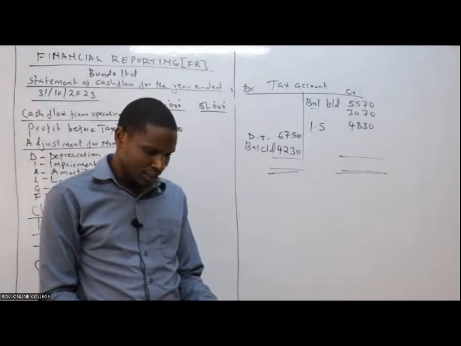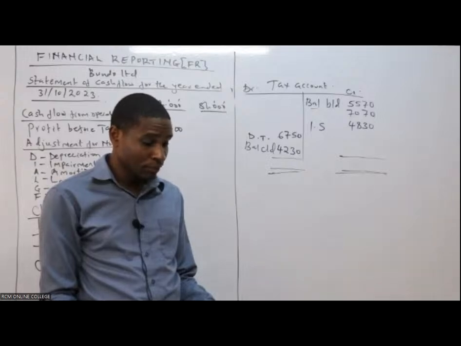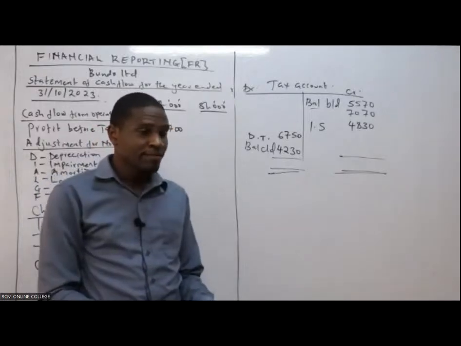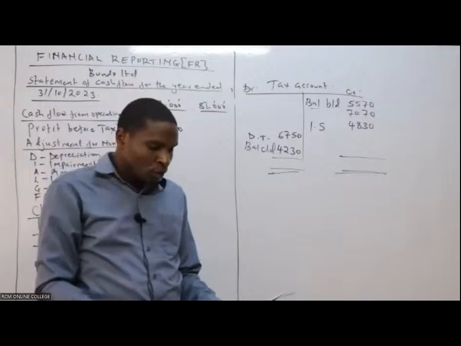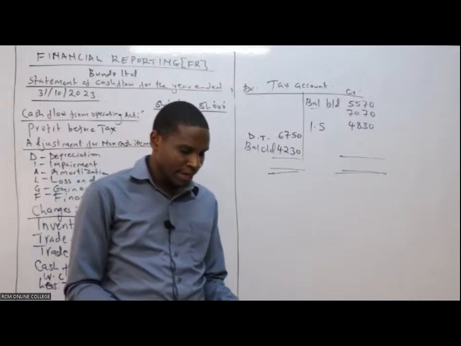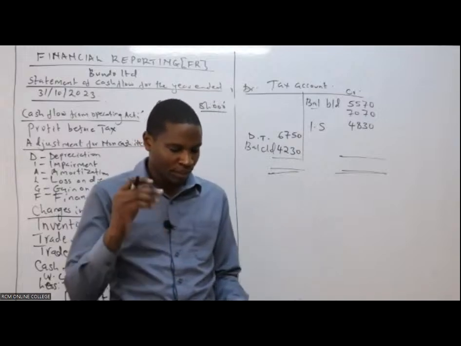Any other information touching on our taxes here? Naona kama tuko okay. I've seen information touching on our tax here. Can you see the revaluation? Look at additional information number 1, where during the year ended 31st October 2023, the property plant was revalued upward for a gain amount.